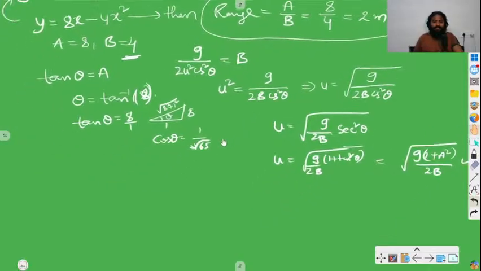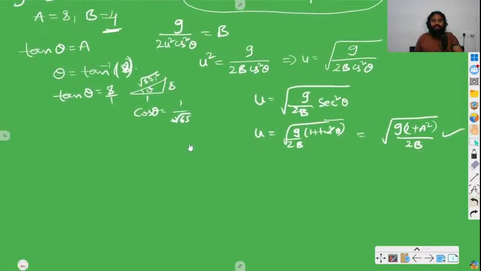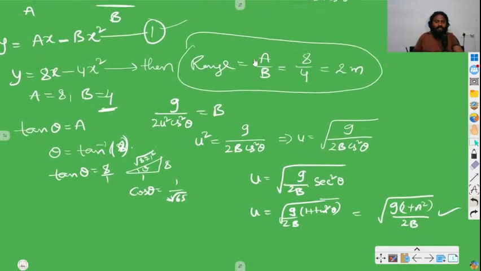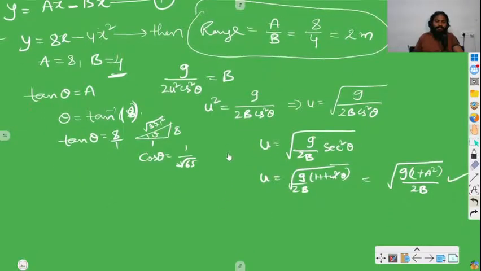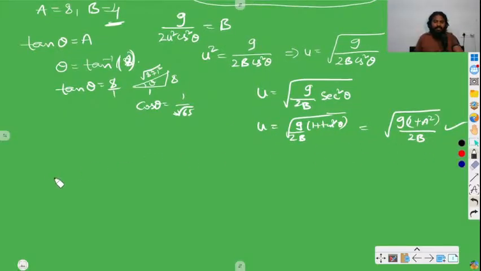Next, if they ask you to find the range: just before, I solved a question, range is equal to a by b. So now let's check a by b. To find the range, you take a is equal to tan theta and b is equal to g by 2u square cos square theta.